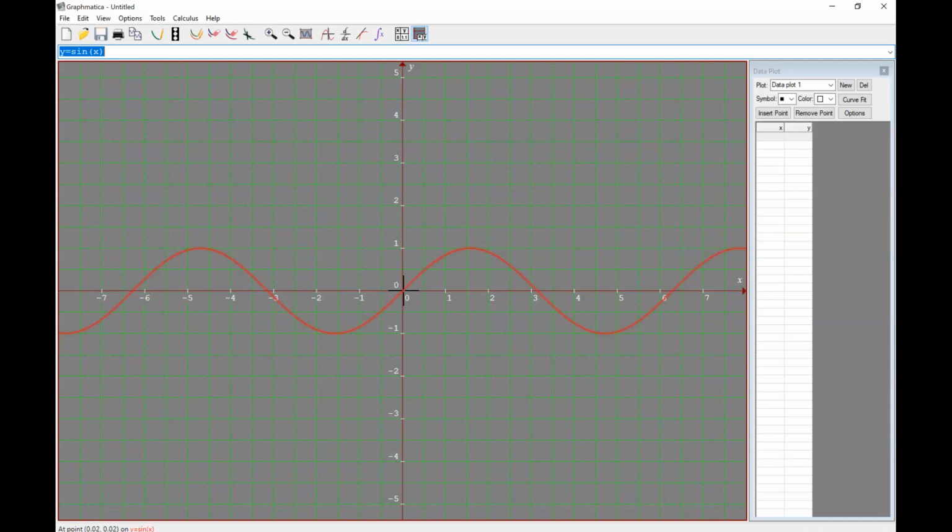Notice at (0, 0), preceding it was the minimum, and following it was the maximum. If I look at this midline point at pi, preceding it was the maximum, and following it was the minimum. So it depends a little on which midline point you're using, because there are two different types of midline points. You guys see that?